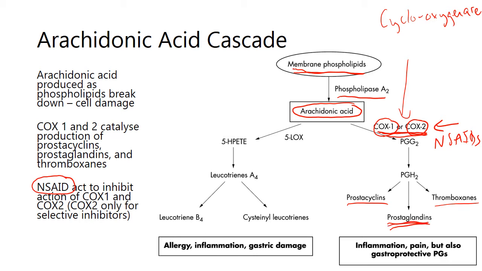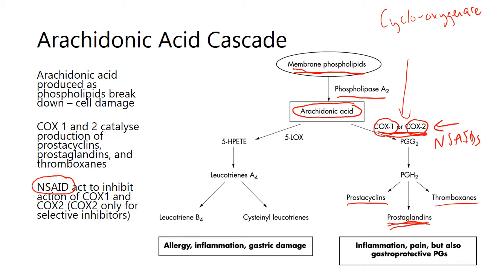And so our patients are at risk of gastric irritation and ulceration because they aren't producing the housekeeping prostaglandins that maintain our gastric mucosa. They're also at increased risk of renal damage because of the housekeeping role of cyclooxygenases in regulating renal blood flow.